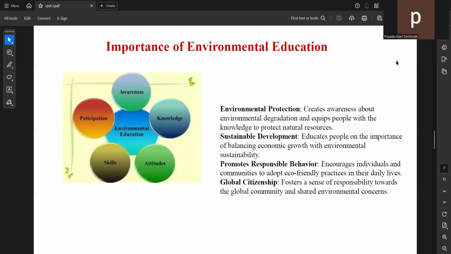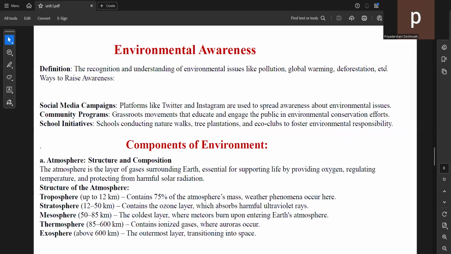Now the next topic is environmental awareness. It is the recognition and understanding of environmental issues like pollution, global warming, and deforestation. Next is the ways to raise awareness. This is the most important thing that we should raise.